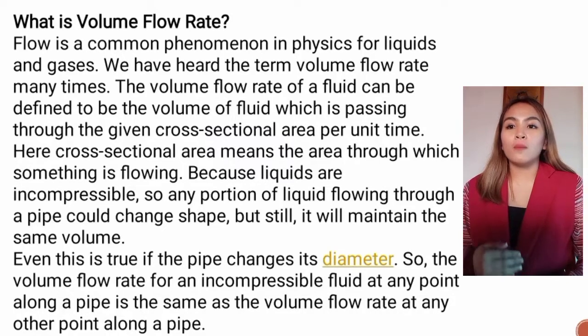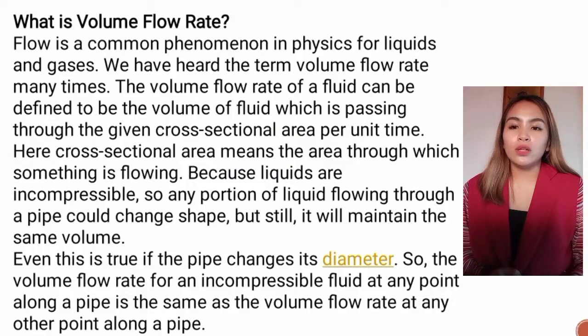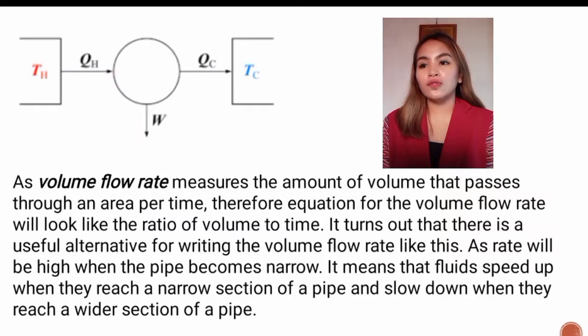Because liquids are incompressible, any portion of liquid flowing through a pipe could change shape, but it will still maintain the same volume. This is true even if the pipe changes its diameter, so the volume flow rate for an incompressible fluid at any point along a pipe is the same as at any other point along the pipe. Since volume flow rate measures the amount of volume that passes through an area per time, the equation for volume flow rate looks like the ratio of volume to time.